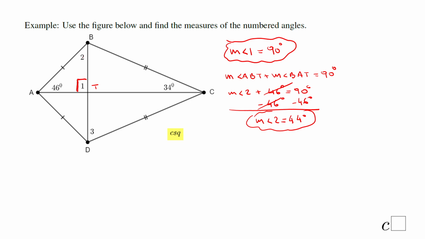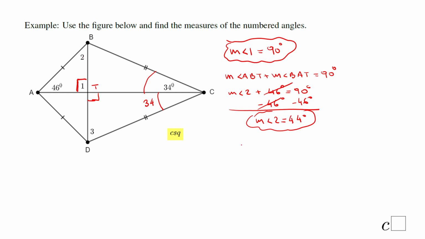We need to find angle 3, this one right here. For that, I'm looking at this angle. This angle here is going to be 34 degrees because the diagonal AC, the diagonal that connects the vertices of non-congruent angles, bisects these two angles. Okay, so this is 34, and again this is a right triangle here.